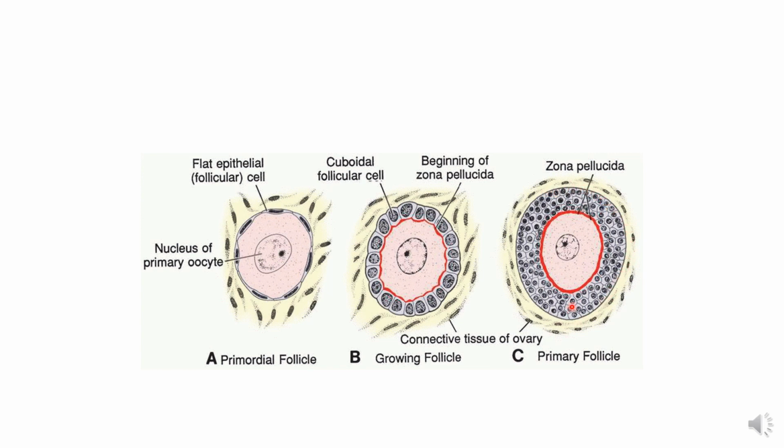All around this basement membrane, granulosa cells proliferate. They become a stratified or multiple layer, separated from the surrounding connective tissue of the ovary. At this moment, the name given is primary follicle. When they become cuboidal and stratified, the name given is primary follicle.